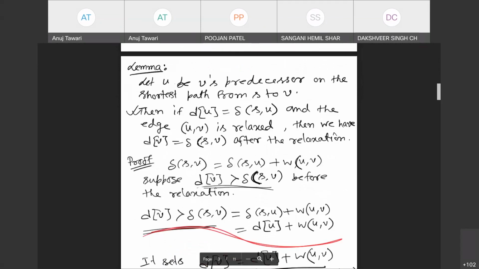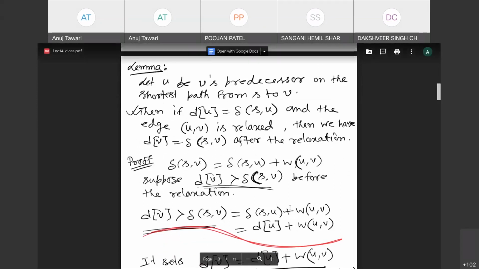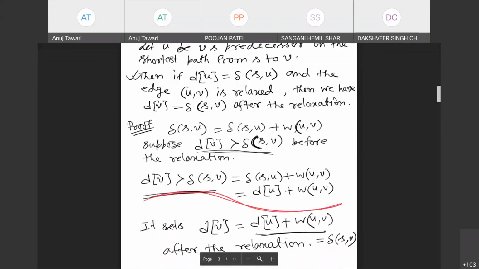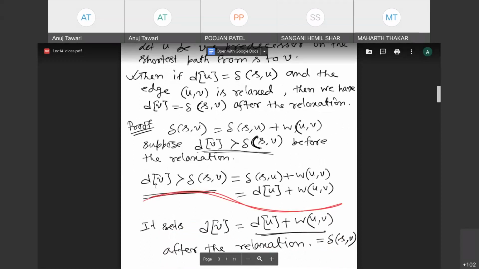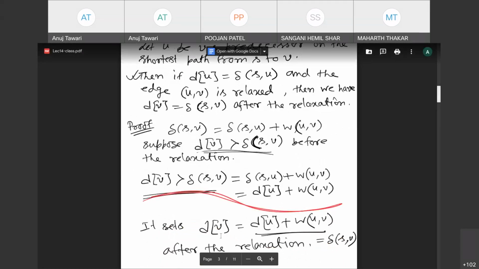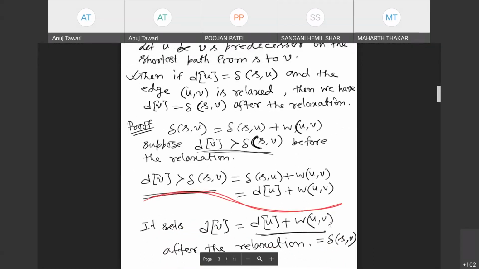So dV is greater than delta SV, which is equal to this particular value. And what we also know is that delta SU is equal to du. So before the relaxation step, dV is greater than du plus WUV. And after we relax this edge, we will get dV equal to du plus WUV.